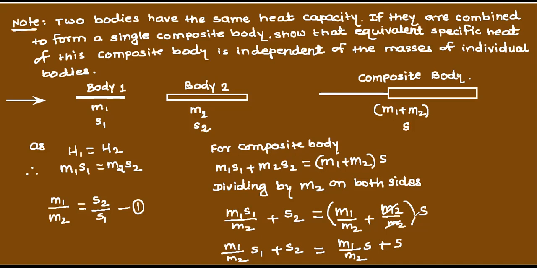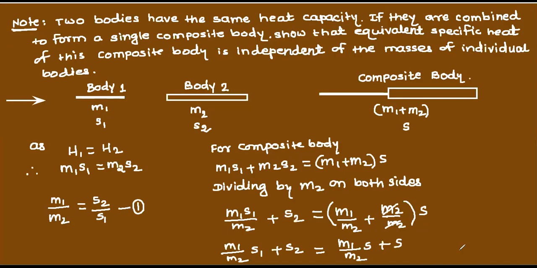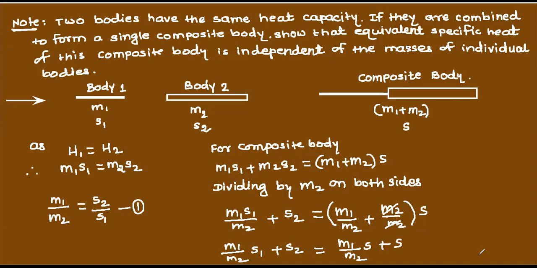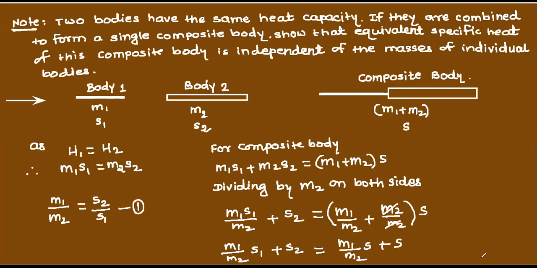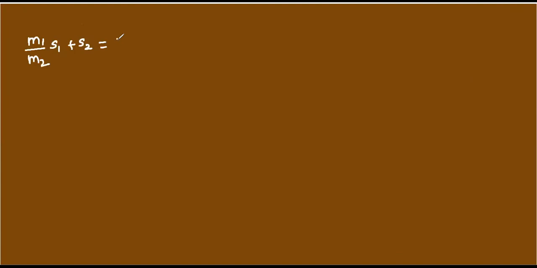Because here I have multiplied with yes. Okay, let's move ahead. Next, now what I got, m1 by m2 into s1 plus s2 is equal to m1 by m2 into s plus s.